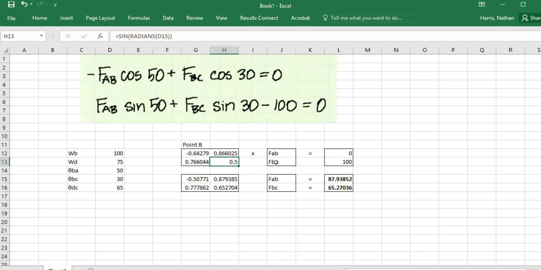Then I can rearrange that equation to solve for FAB and FBC by multiplying the inverse of this coefficient matrix by my constants vector.